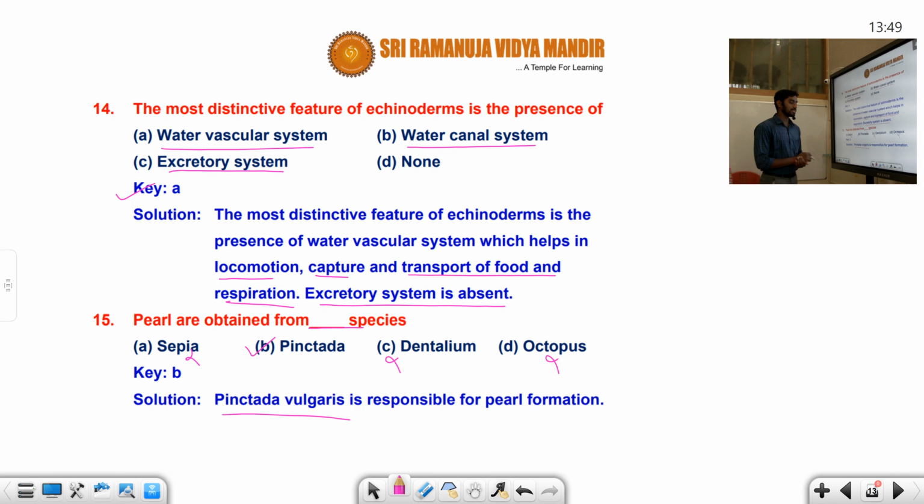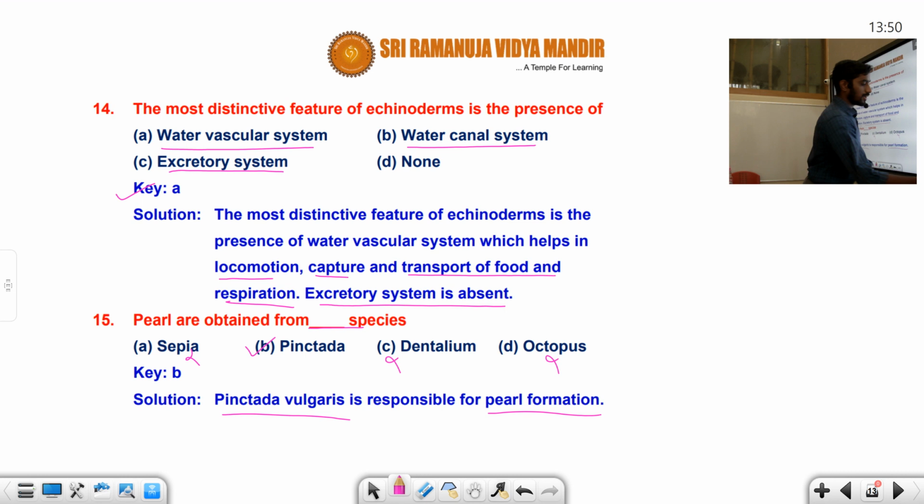We already saw pearl formation: a sand particle enters the mantle region, and after several years a pearl-like appearance is formed inside the shell, which we already discussed in the earlier class, right? So the answer to the 15th question is B, the correct answer.